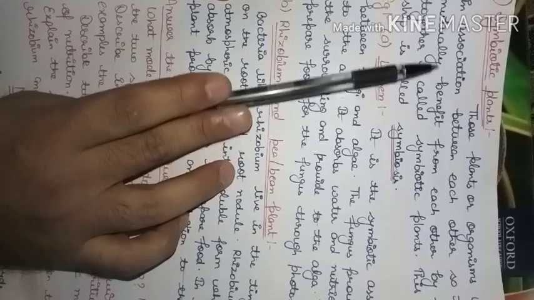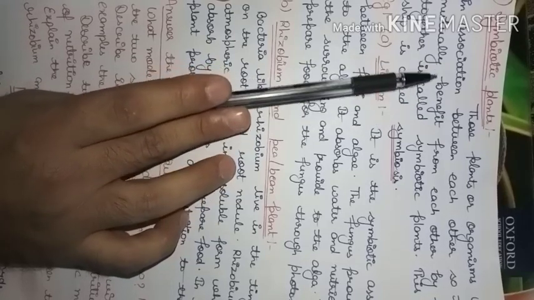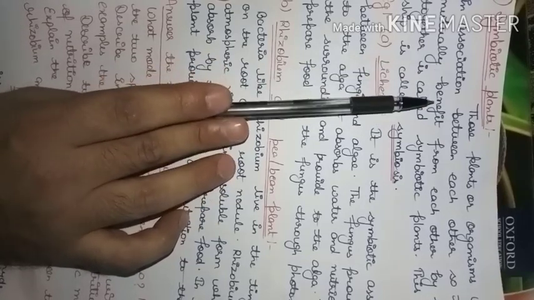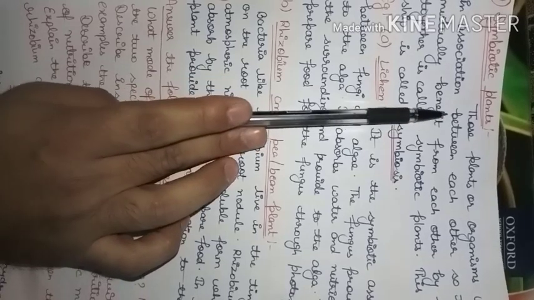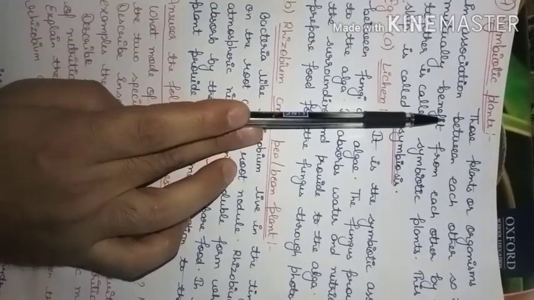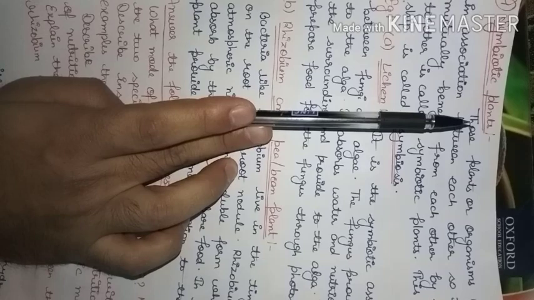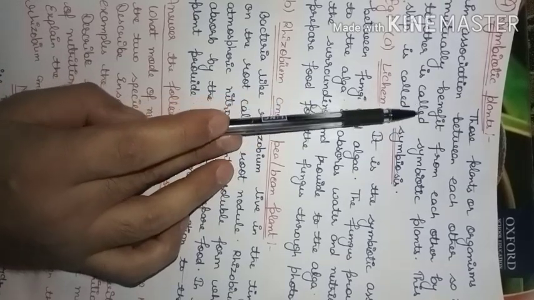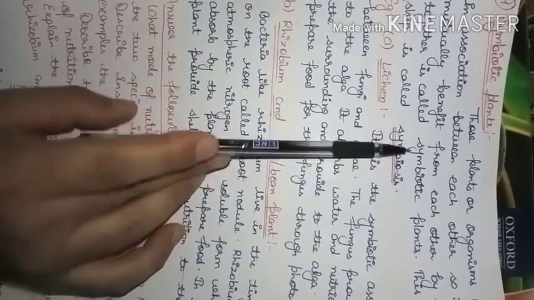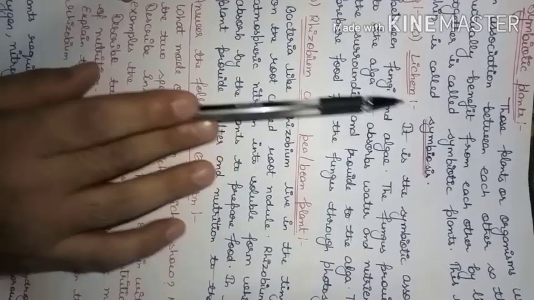That means when both the organisms live together they benefit each other. This type of relationship is known as symbiosis. Okay, now what are the examples of the symbiotic plant?